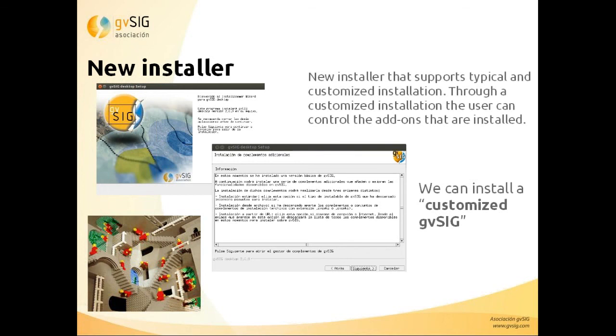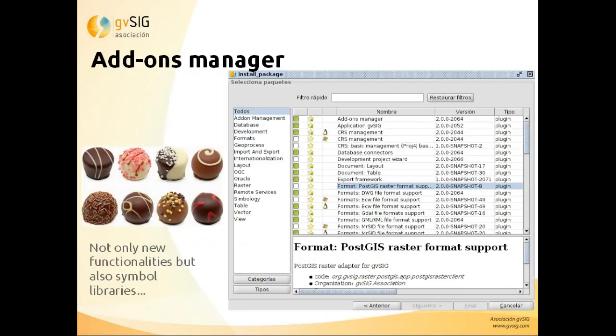To do this, when the user installs gvSIG, he can see the Add-ons manager, where he can select the plugins to install. This Add-ons manager is also available from gvSIG.